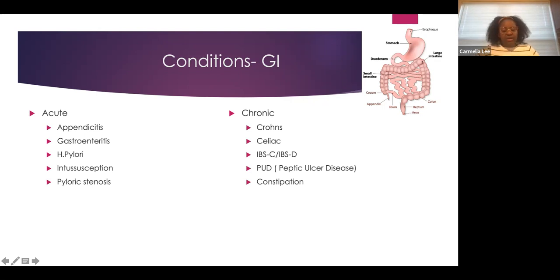It doesn't have bile in it, and it can also be projectile. So this is in a more acute situation. Sometimes these babies require hydration and then surgery to repair the stenosis.